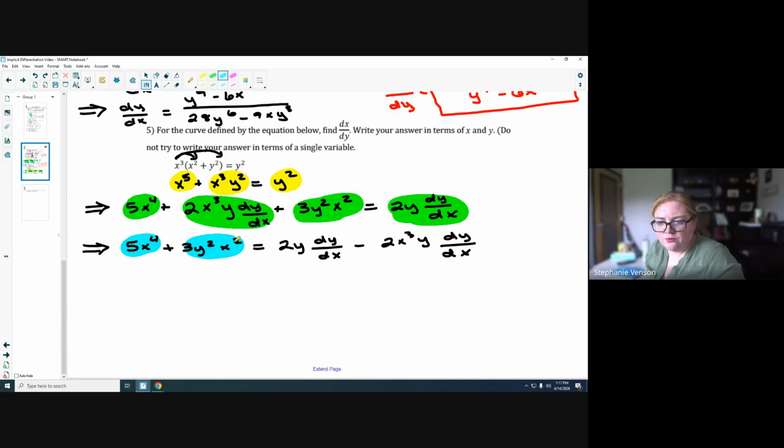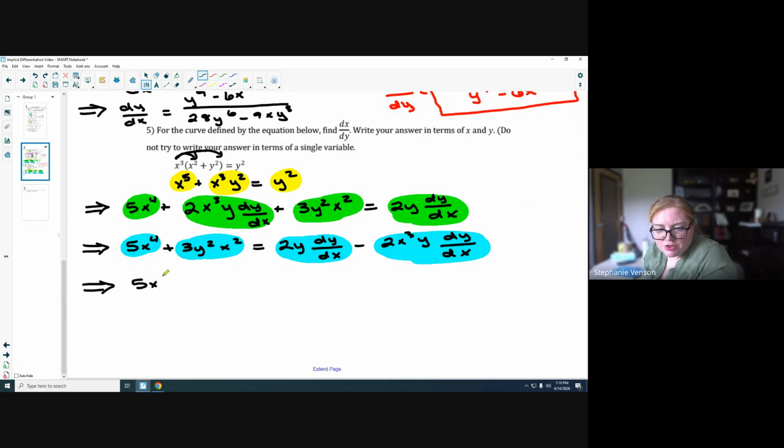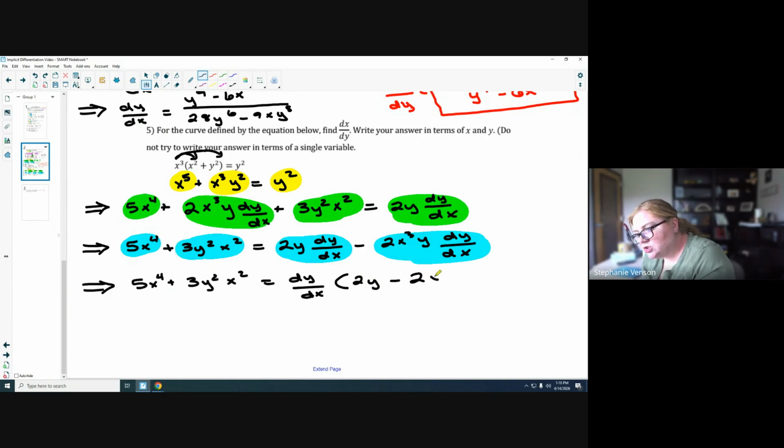But now of those 4 terms, the 2 that contain dy dx are all on the same side. Okay, so I'll proceed like I normally do, which is factoring out the dy dx. Okay, so we have 5x to the 4th plus 3y squared x squared is equal to dy dx times 2y minus 2x cubed y.